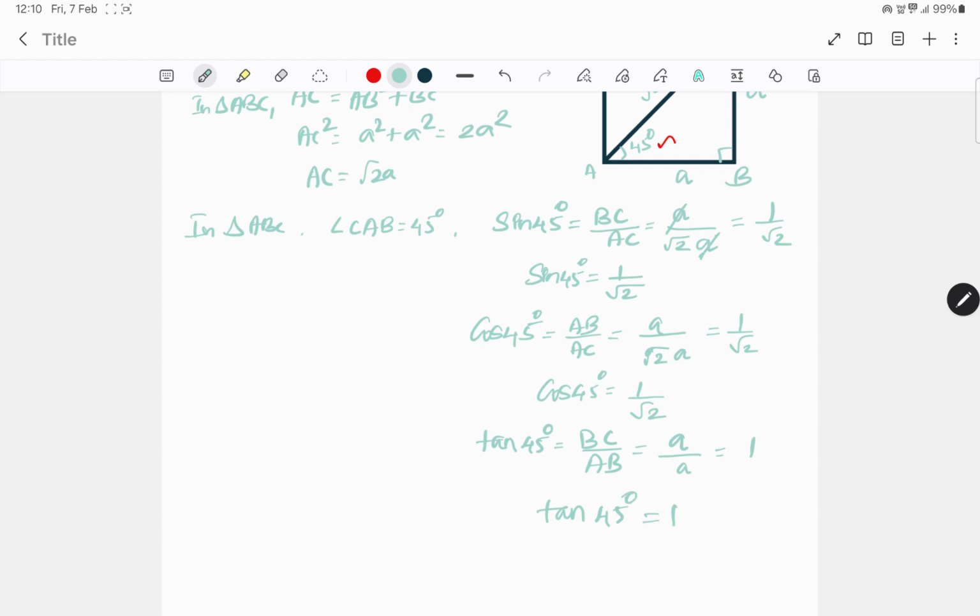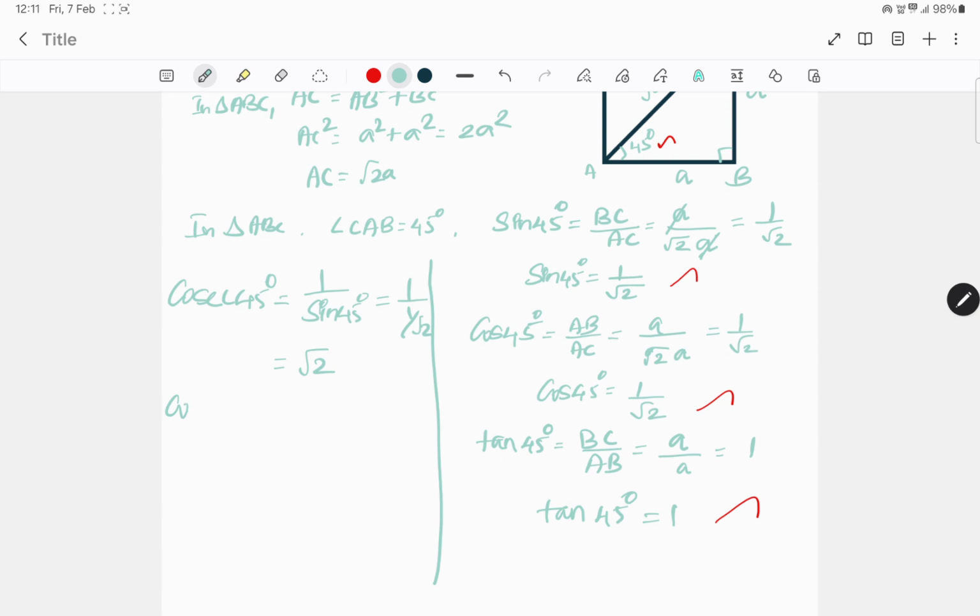Now we know from these three, sin 45 degree, cos 45 degree and tan 45 degree, we can find the remaining ratios. Cosecant 45 degree is nothing but the inverse, that is the reciprocal, of sin 45. What is sin 45 degree? 1 by root 2. If the denominator goes to the numerator, it will reciprocate, then we will get only root 2.